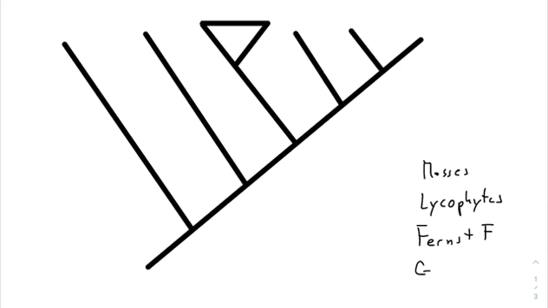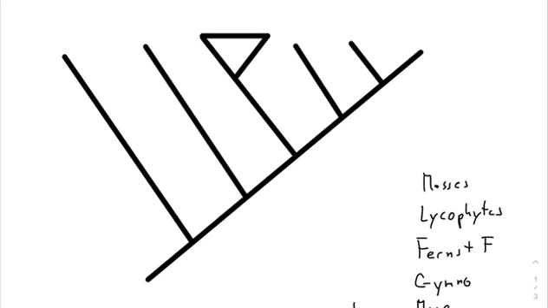The cone-bearing gymnosperms, and then 2 different groups of flowering plants. Within the broader angiosperms, you have the monocots with parallel veined leaves, and the dicots with netted veined leaves.